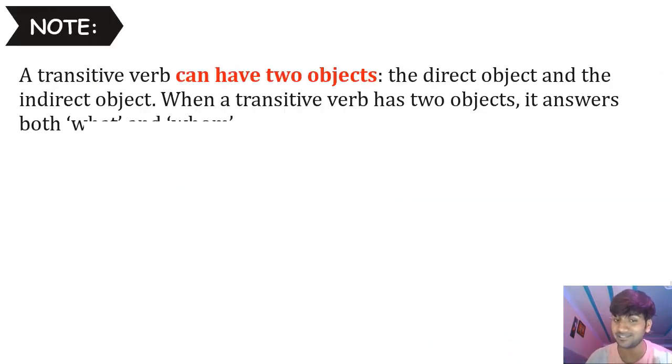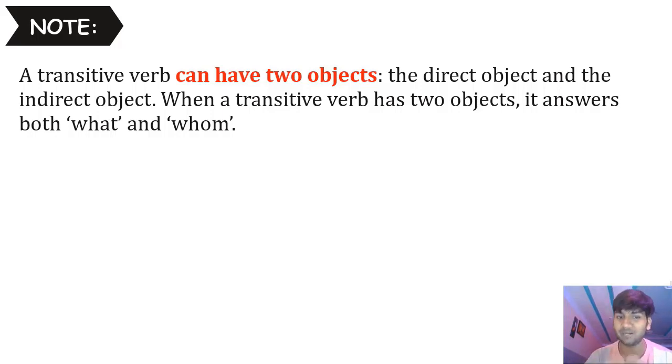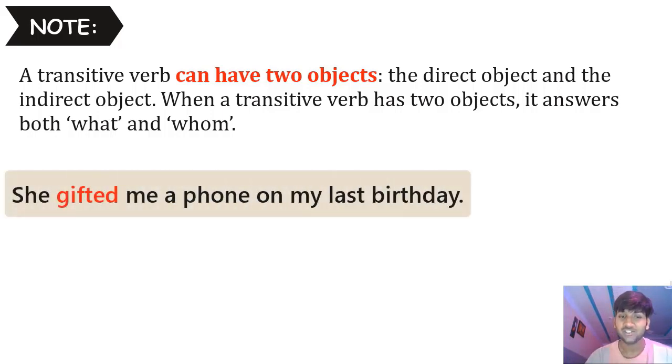But sometimes it answers both the questions. And when a transitive verb answers both the questions what and whom, we call it a ditransitive verb. So in this case, it has both the objects, the direct object and the indirect object. Let me show you a couple of examples. She gifted me a phone on my last birthday.